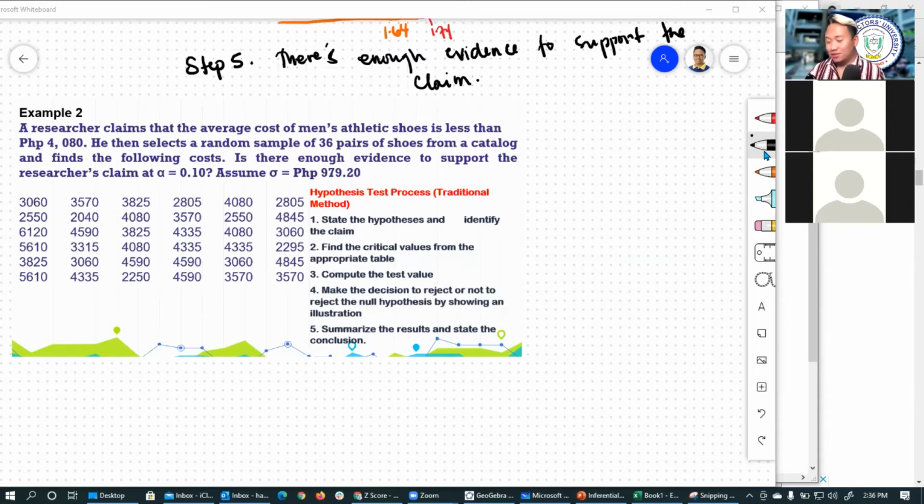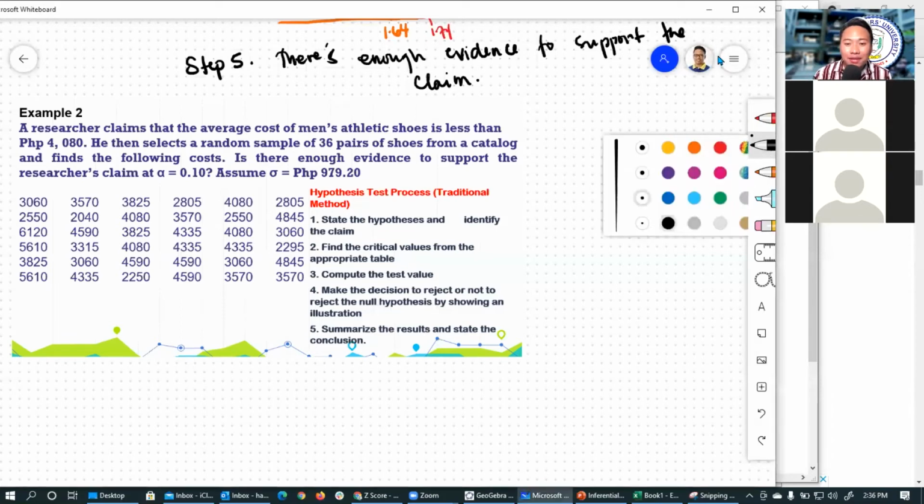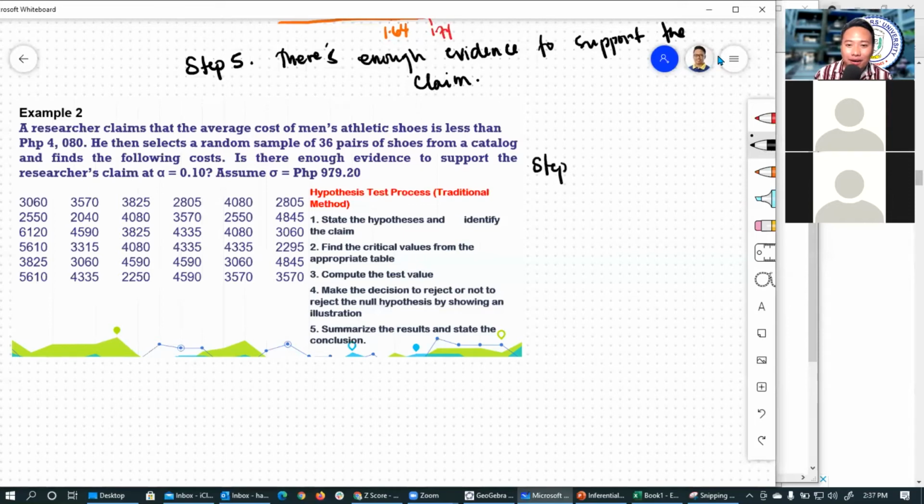All right. So I hope you're able to understand the problem, guys. So let's start trying to answering this item. What's going to be our statement of hypothesis? Step 1. What's our null and what's our alternative hypothesis? Let me call people.